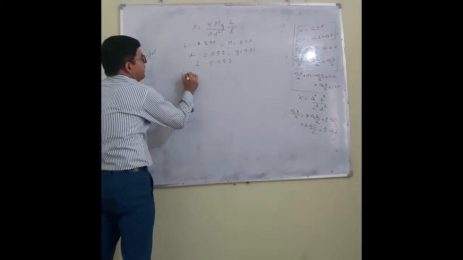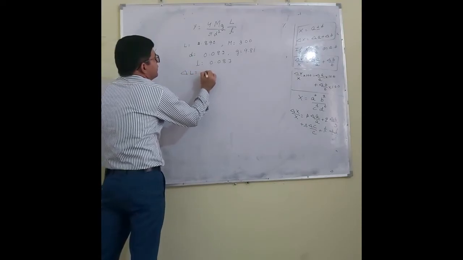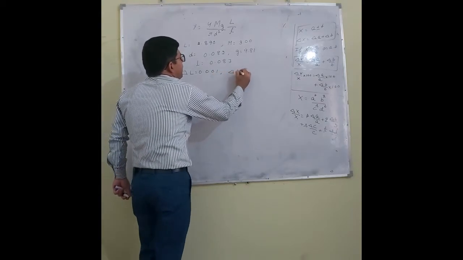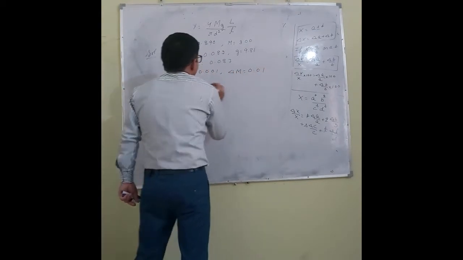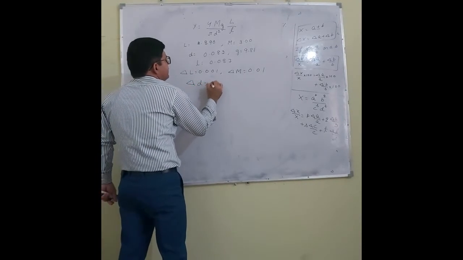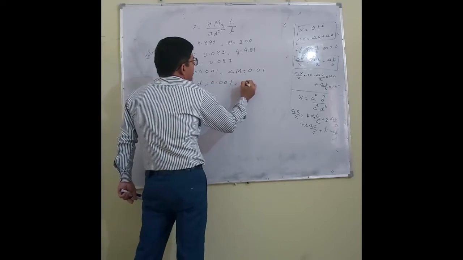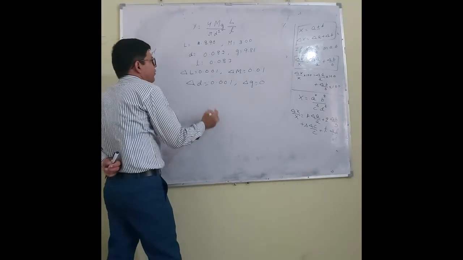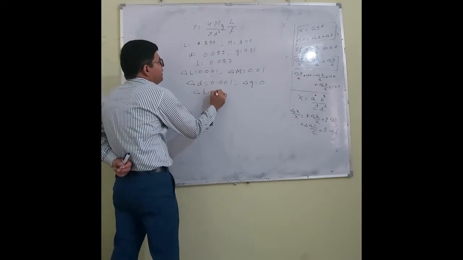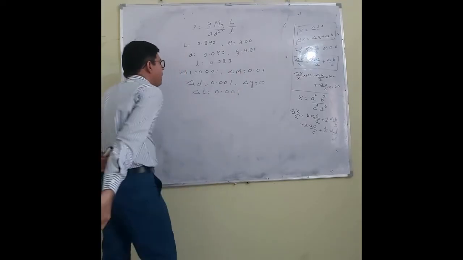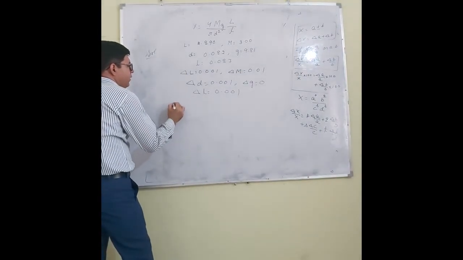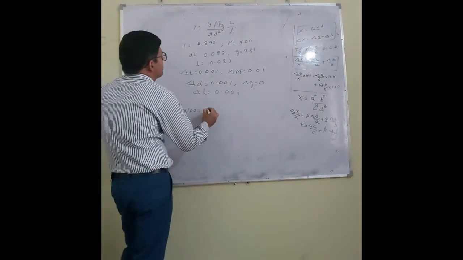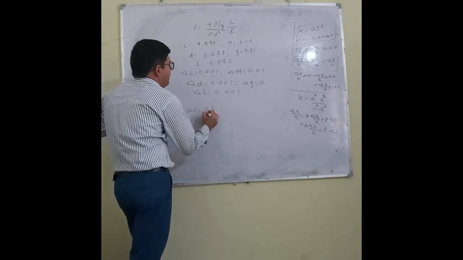So I can say delta L is 0.001, delta M is 0.01, delta d is 0.001, and for g it's a constant, so it's 0, and delta small l is 0.001. I think you can calculate delta Y, the percentage error in Y, multiplied by 100.